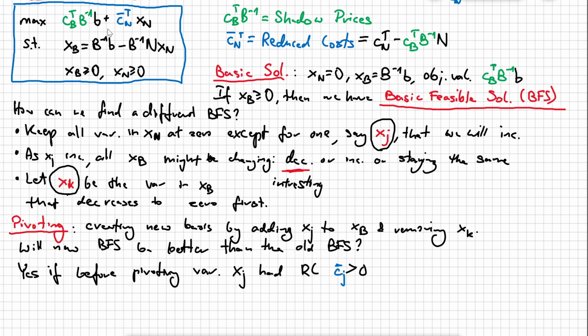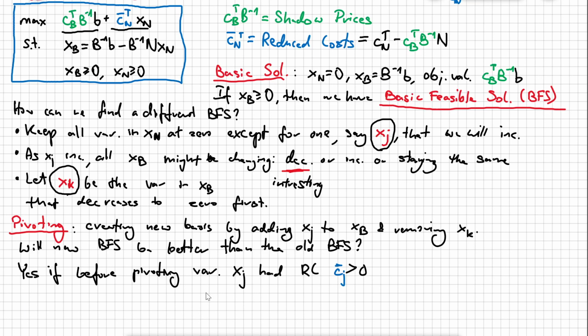Because in the objective we have this value, and this whole part was 0. But now that we increase xj, xj is multiplied by the reduced cost cj. If this cj is positive, increasing xj will result in an increase of the objective function value. So we will have an improvement of the objective function value. Maximization will be improved as we increase this xj.